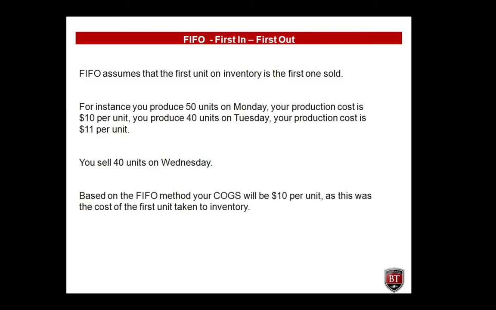You sell 40 units on Wednesday. Based on first in, first out method, your cost of goods sold will be $10 per unit, as this was the cost of the first unit taken back to the factory. Important to note that cost of goods sold appears on the income statement, while ending inventory appears on the balance sheet under current assets.